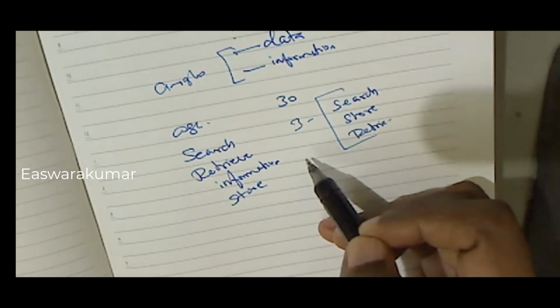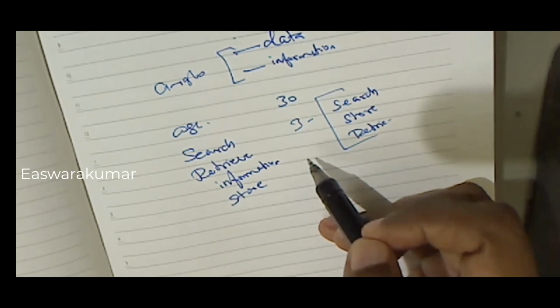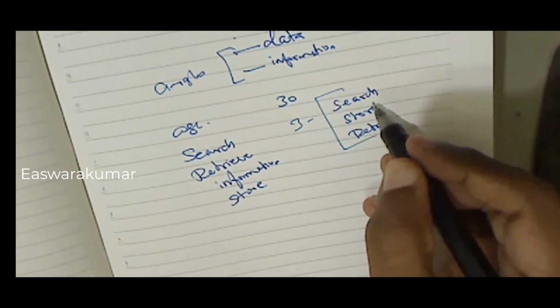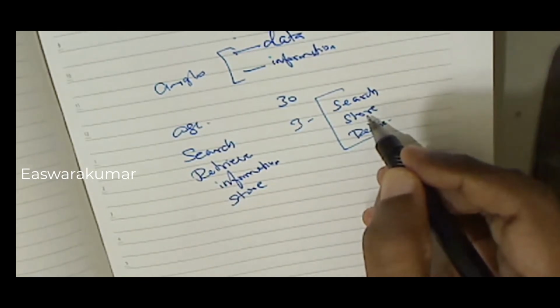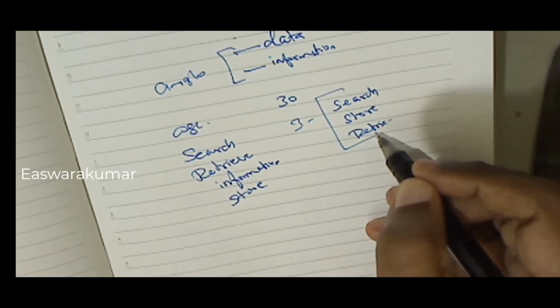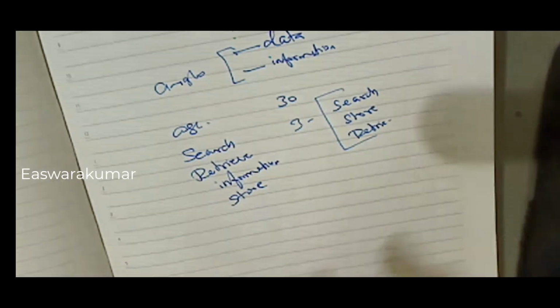So any data structure will have three operations: the search operation, to locate the data; the store operation, to store back the value; and the retrieve operation, to get the data we located for our application.